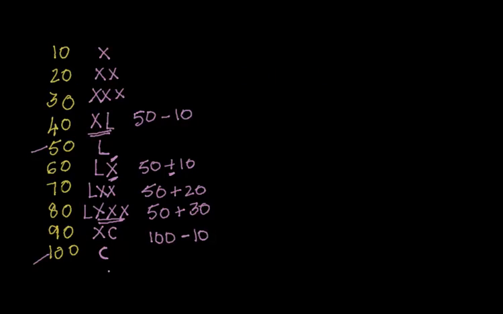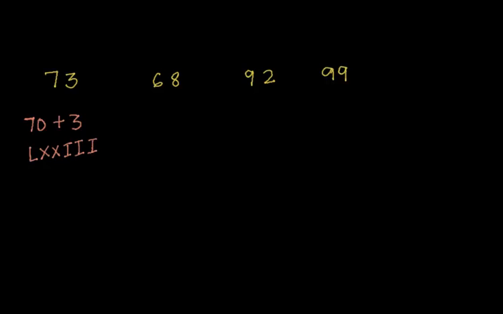Now we saw just now how to write 70. 70 is written as L X X. And we're adding a number 3 here, so we can write 3 right next to it. So then I write the Roman numeral for 3 next to 70. So this is the Roman numeral for 73.